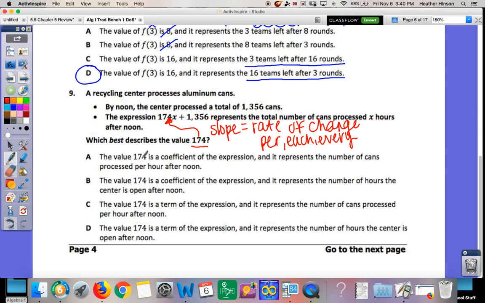So first of all, is 174 a coefficient or a term? A coefficient is just the number in front of the variable, like x. A term is the whole phrase that's being multiplied.